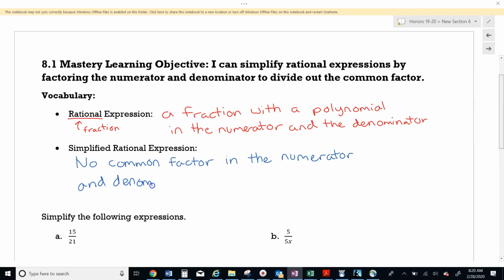So basically, when we have a rational expression, we want to completely factor the top, the numerator, and completely factor the denominator. If anything's the same, then we cancel those out. We divide them out, and whatever is left is our simplified version.